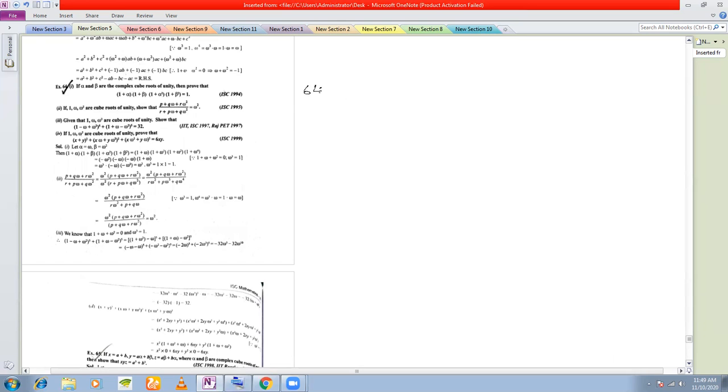Given that 1, omega, omega square are cube roots of unity, you need to show that the left hand side is equal to 32.